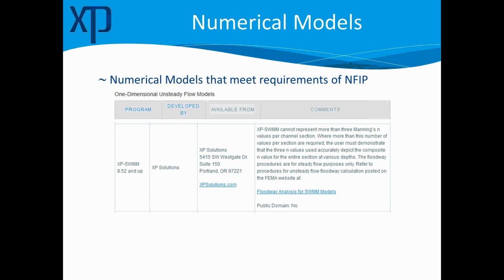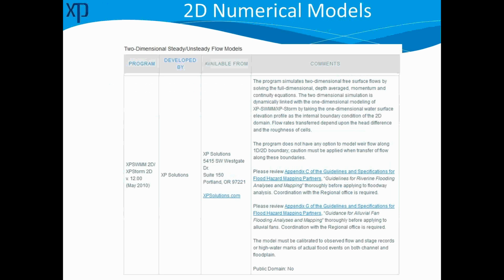Also, more recently, in the last few years, FEMA has recognized this need and has brought more discussion forward about the two-dimensional flow models, and of course XP 2D is on that list with a number of comments, and we'll touch on some of those comments as we go.